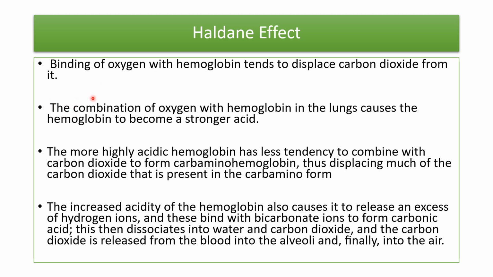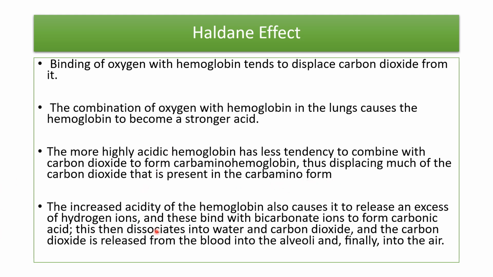What is the mechanism? The combination of oxygen with hemoglobin in the lungs causes the hemoglobin to become a stronger acid. This highly acidic hemoglobin has less tendency to combine with carbon dioxide to form carbaminohemoglobin, thus displacing much of the carbon dioxide that was present in the carbamino form.